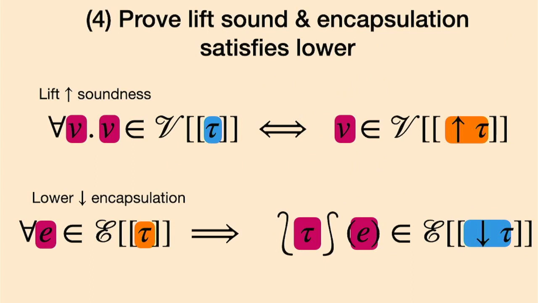So in particular, we can prove that those lift and lower functions, type-level functions, do what they should do, right? For lift to be sound, we want to know that if any value is in the relation, is a value of the core type, then it's also a lifted type. That's what we mean when I said lift must take types to the same type.